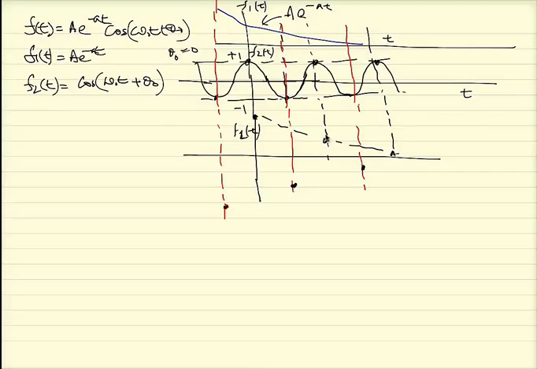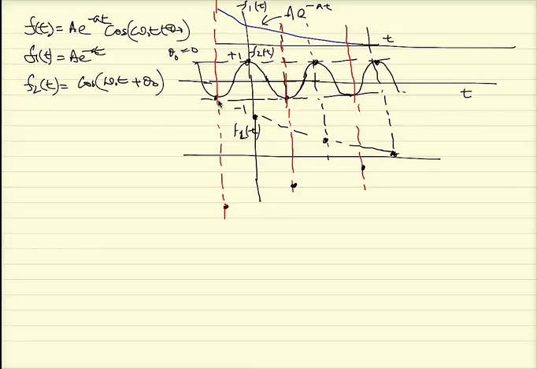Similarly, at this point also you should get the same value of the exponential signal, because it is 1 here. Similarly here, the value is almost 0, so you should get basically a 0 value at this location.